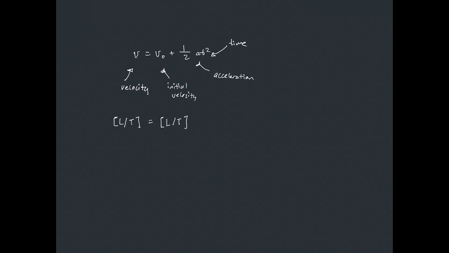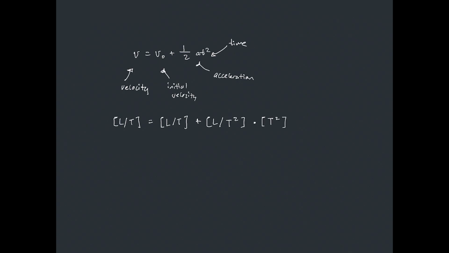Now, we measure acceleration in the units meters per second squared in physics. So that means acceleration has dimension L over T squared, length over time squared, multiplied by time squared.